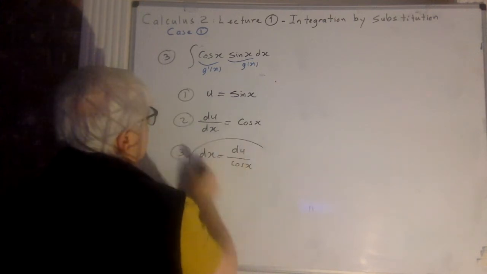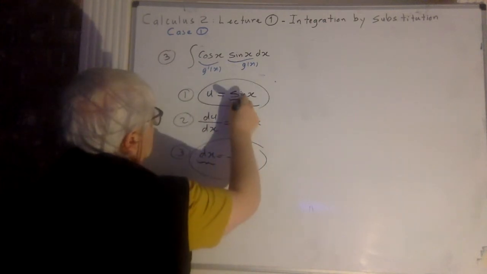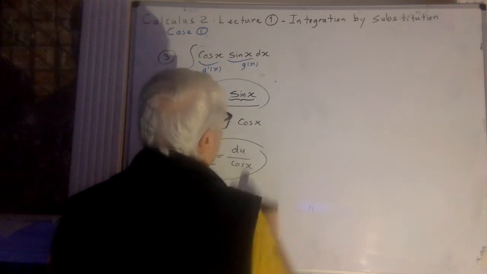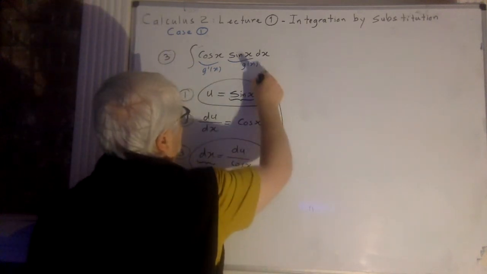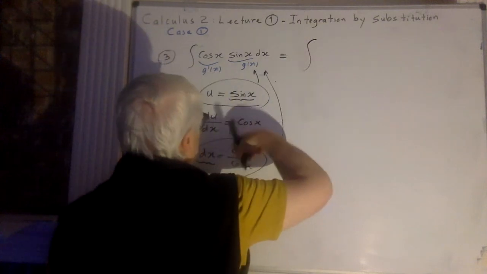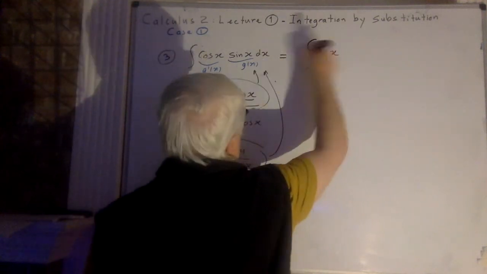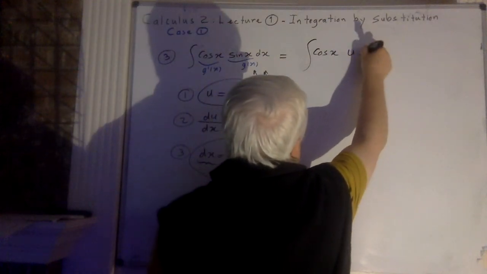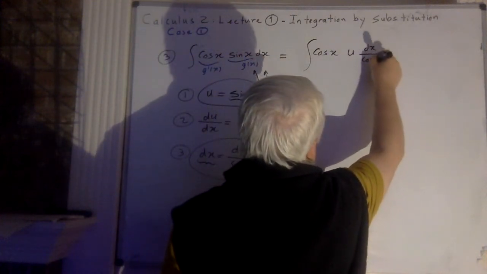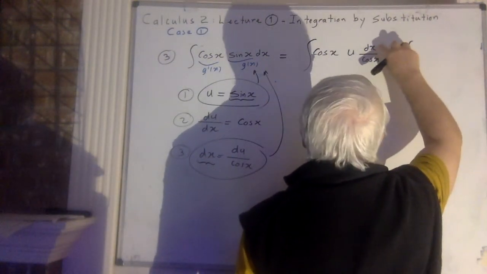Let's substitute this one and this one for these two, and we have cosine x times u times dx over cosine x, which is the integral of du.